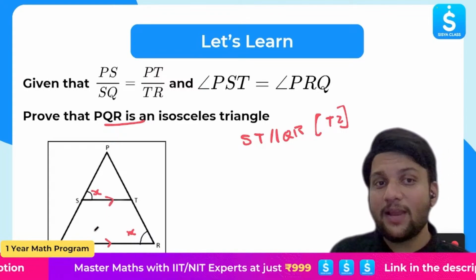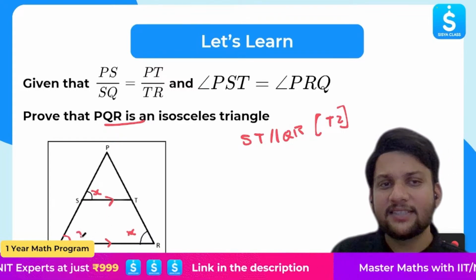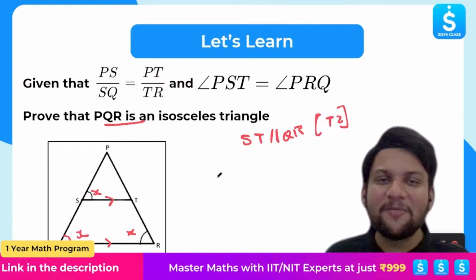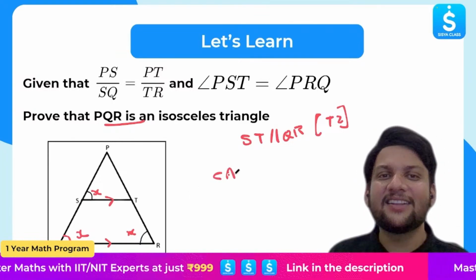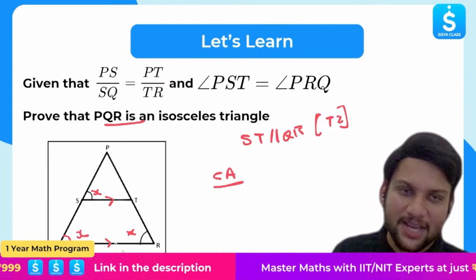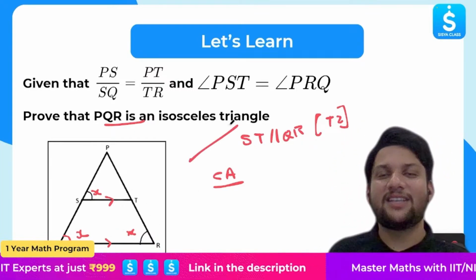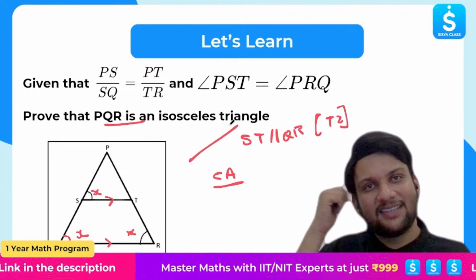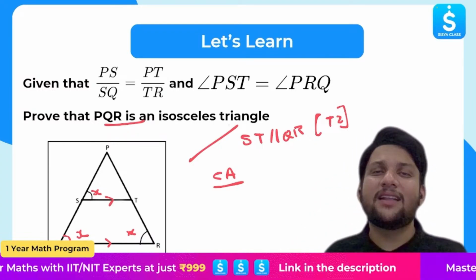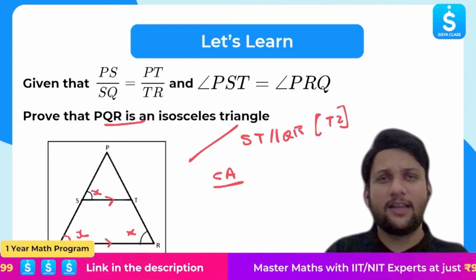Very easy. Since these two lines are parallel, can I say this is also angle X? Yes. Why not? Because they are corresponding angles. So if they are corresponding angles, angle PQR is equal to angle PRQ. What does it mean? That it is an isosceles triangle. See, very easy. Right? Once you understand the theorems, the entire questions are nothing but a piece of cake.